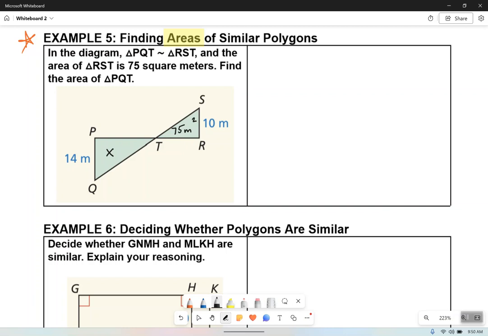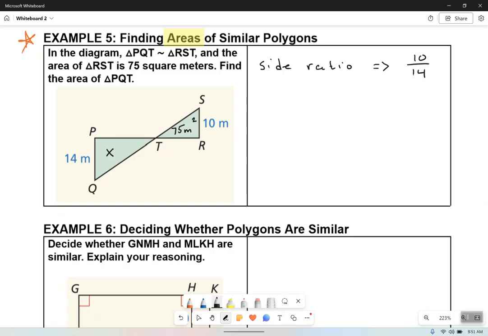Okay, here's how I think that we should write this, kids. Guys, if we were doing a side ratio right here, this would be 10 over 14 because those sides compare 10 to 14, right? Okay, so what it means for this, it means for every 10 units of length on the smaller triangle, there's 14 units of length on the larger triangle. But we're not looking for lengths anymore, are we?